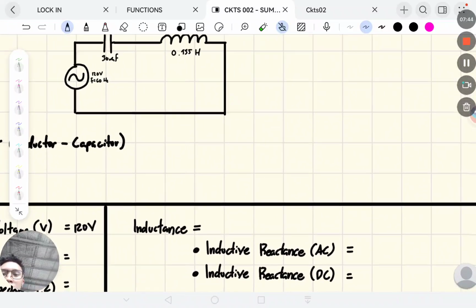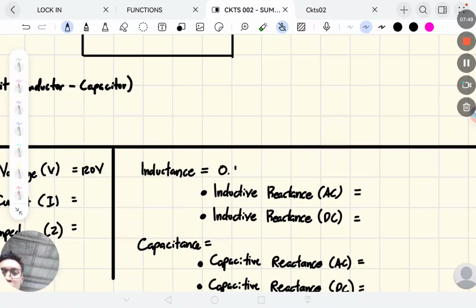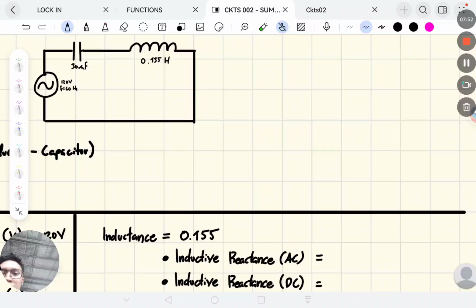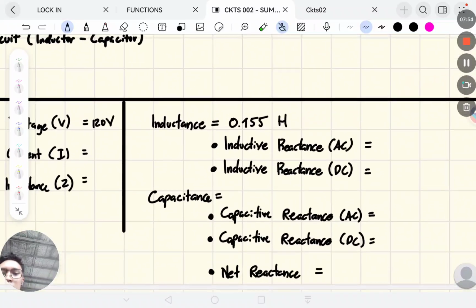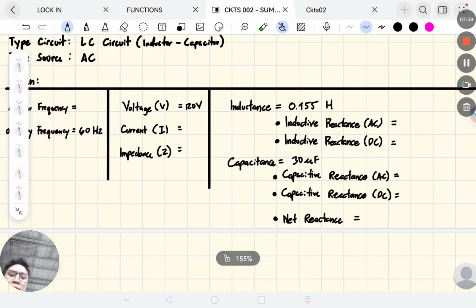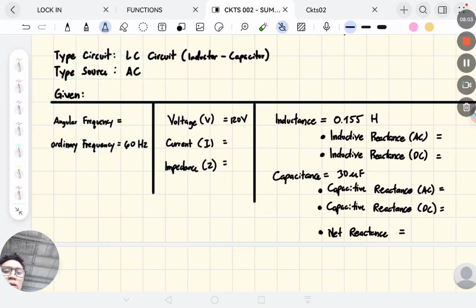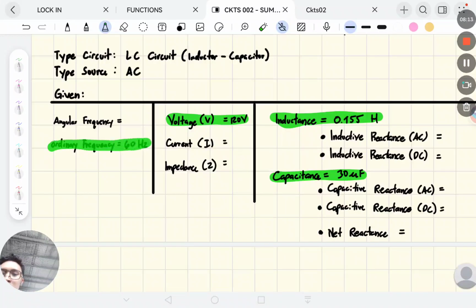We have an inductance of 0.155 Henry, and we have a capacitance of 30 microfarad. Highlight ito lang para visible. Ilang meron tayo. What is missing?